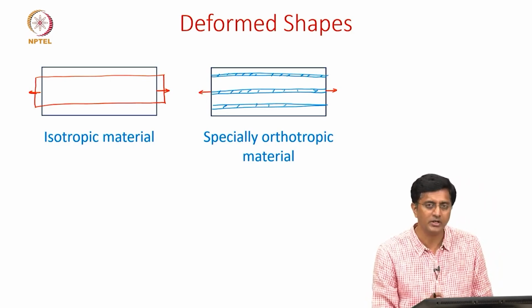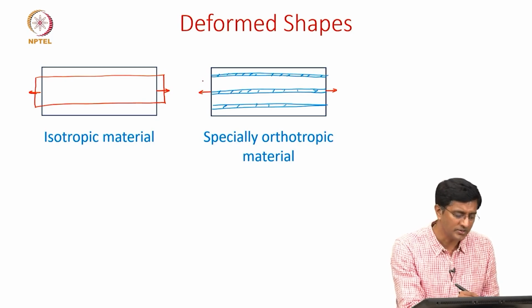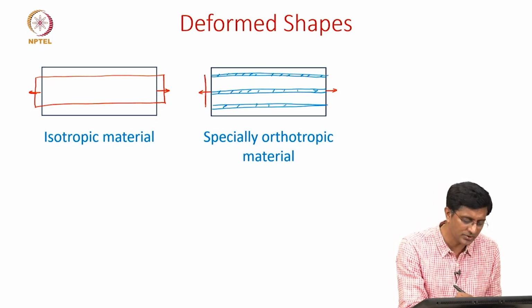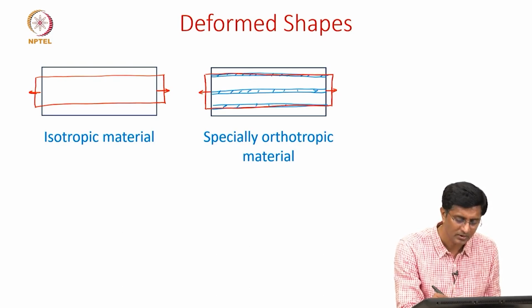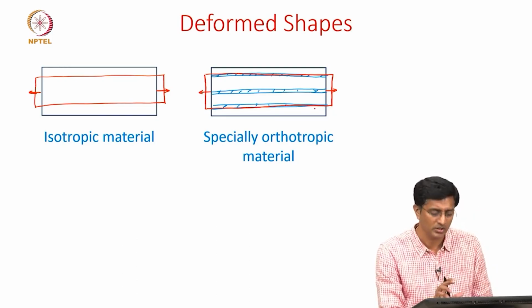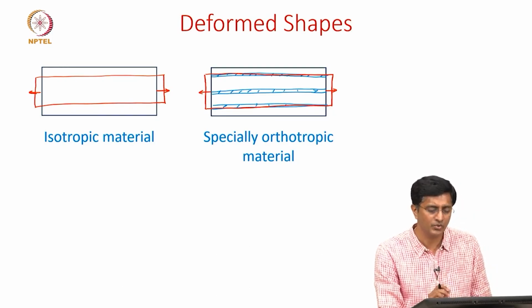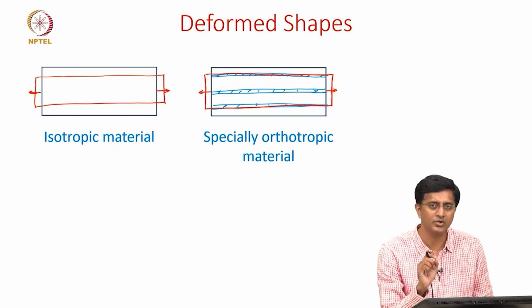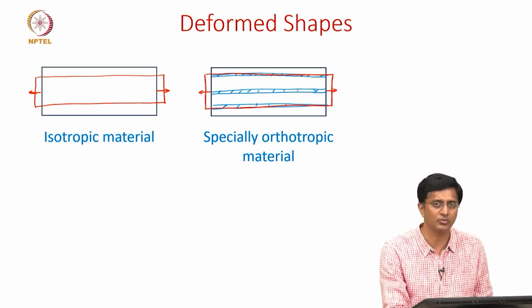Think about it and let's see. Surprisingly, it will be no different from an isotropic material. Here too it will stretch in the direction of the loading and contract in the lateral direction, and there is no shear deformation. Why is it so? Because if you recall the Q matrix terms, Q16 and Q26 are 0, which means this coupling between the normal and shear is absent for a specially orthotropic material.